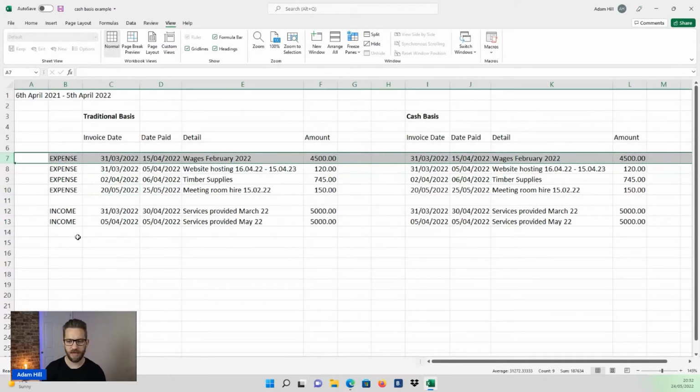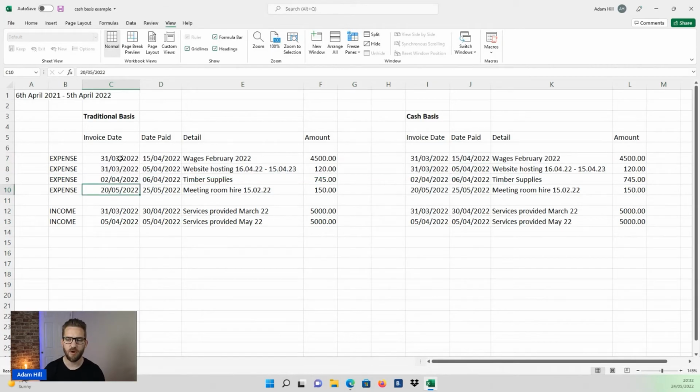Okay, so on line 7, the first one is an expense transaction. We've got an invoice that was received on the 31st of March, and it was paid on the 15th of April. So the invoice date is within the tax year, within our accounting period, but it was paid outside the accounting period. The detail of this transaction is that it's for wages in February 22.